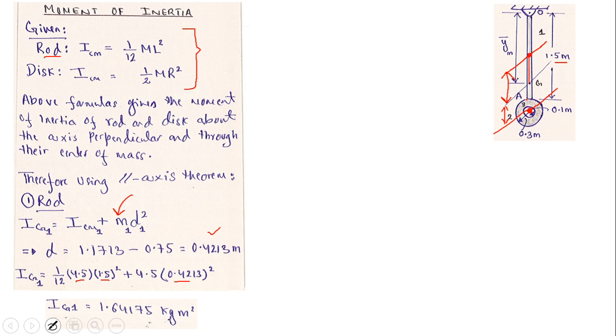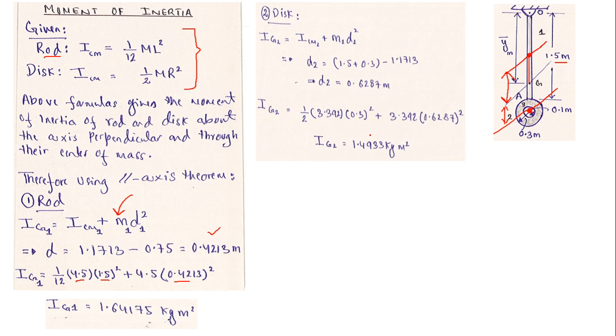Similarly, you are going to apply the parallel axis theorem on this outer disk. The subscript that I am using for the outer disk is 2. It was my second constituent volume. So Ig2 will be equal to ICM2 plus M2 D2 squared.